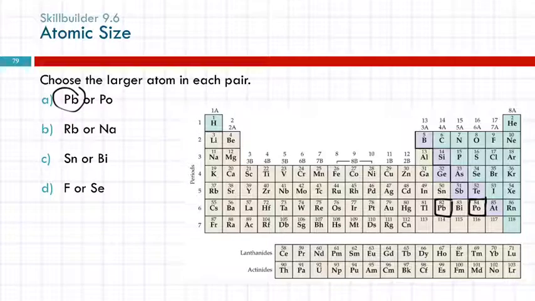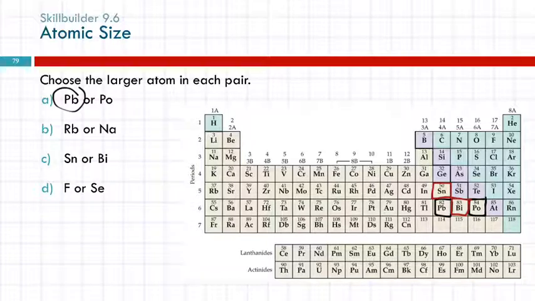Let's do one that's a little confusing. Let's do C, tin and bismuth. So Sn and Bi. So here's Sn and here's Bi. Now this one's a little trickier because they're diagonal in the periodic table.